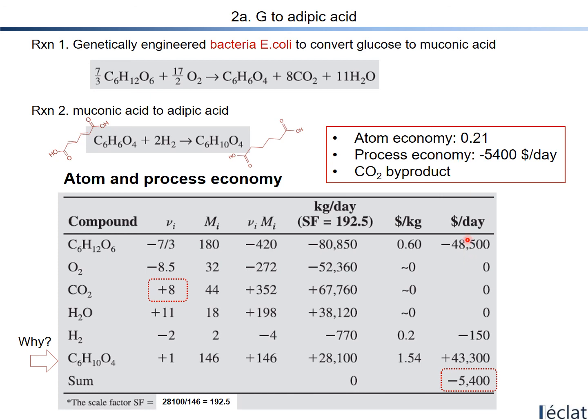And process economy was estimated at minus $5,400 per day. So maybe we will not decide to select this process because we will lose money by adopting it. Plus one more thing, the CO2 byproduct, it's not good.